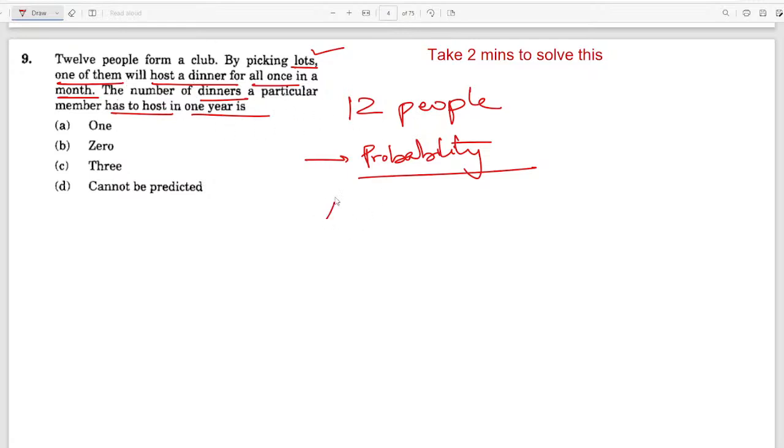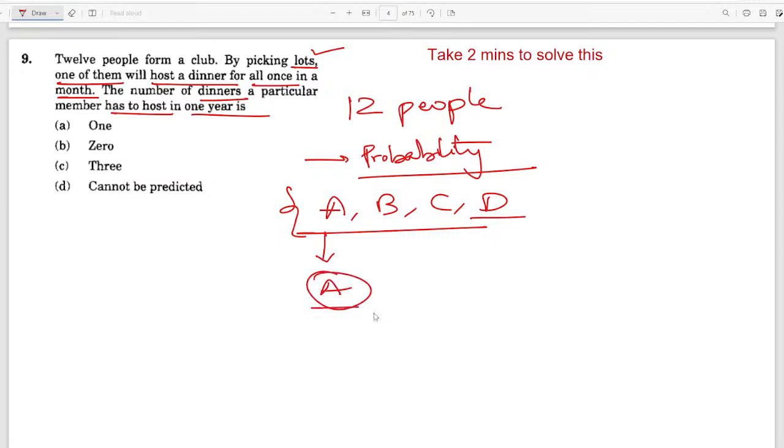For example, if there are 4 people, A, B, C, D, I'm just taking an example, in all the 12 months, they can pick only A's name. This is purely by chance. You cannot say for sure that B or C or D will come.